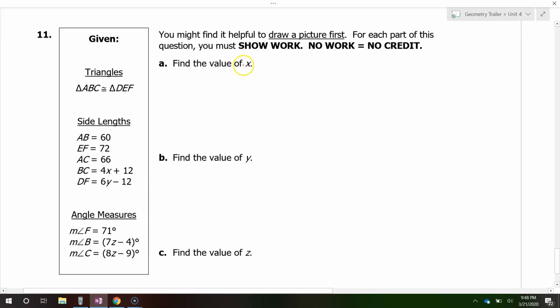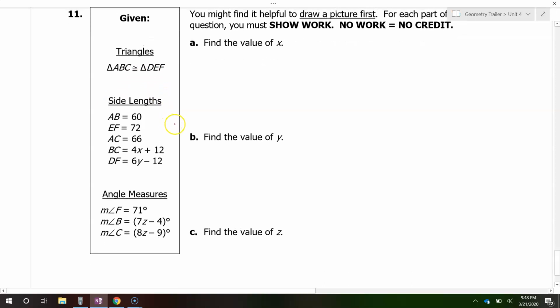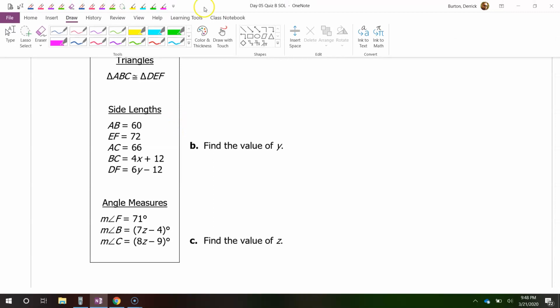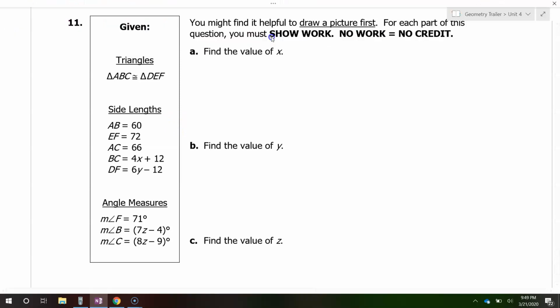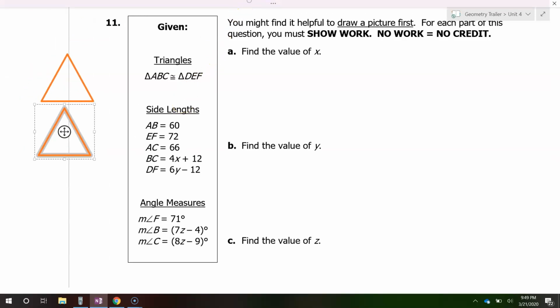All right. You might find it helpful to draw a picture first. Okay, so we have triangle ABC congruent to triangle DEF. So maybe this is the more complex version of what we just did. So let's use the same strategy one more time. Okay, here's a triangle. Here's another triangle.